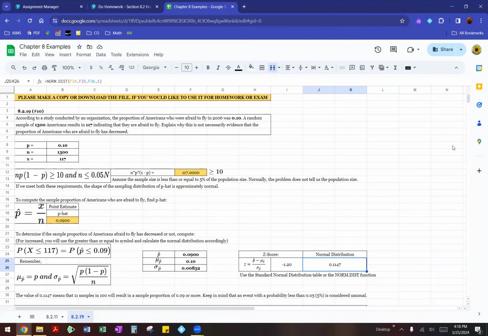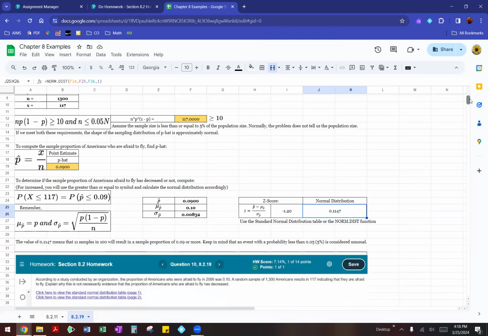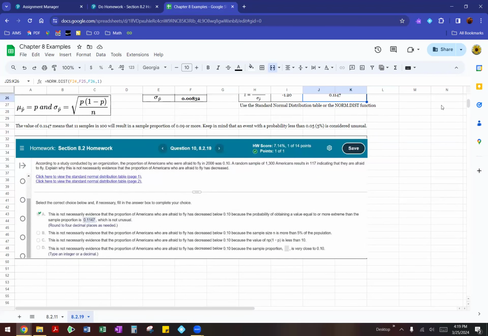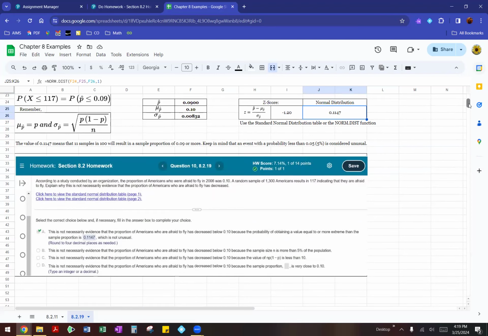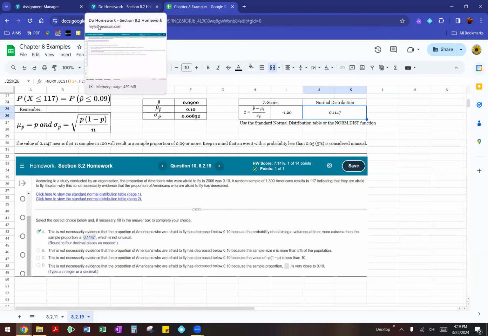And once you calculate that, you will see it gives us the value we were looking for, and it's going to come out to be 0.1147, which of course is telling us that 11 samples in 100 will result in a sample proportion of 0.09 or more. So this, of course, is an event with a probability less than 5%. So this would be considered unusual.